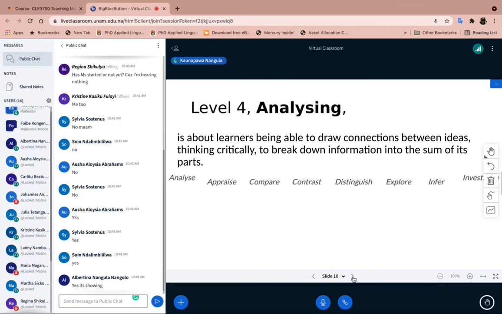And then analyzing is about learners being able to draw connections between ideas, thinking critically to break down information into the sum of its parts. All right. So here it's really like connecting ideas. For instance, if they read a number of short texts on the same topic, but written with different information.